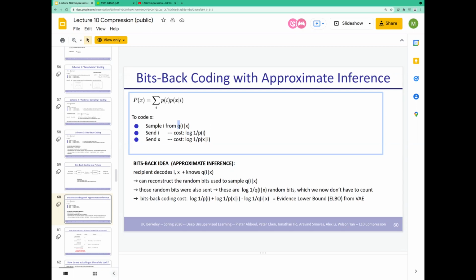Before, we assumed that we knew p of x given I and p of I given x, but we don't know p of I given x, so we have to approximate it. And this works out very well in the VAE case, where we're using latent variables to figure this out. So if we're given x, what is the latent variable, right? That's something that we have to figure out.